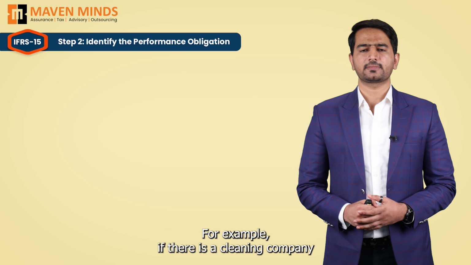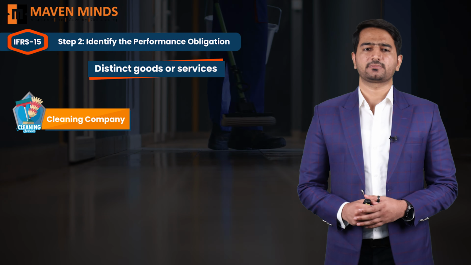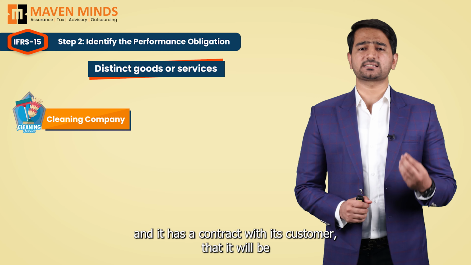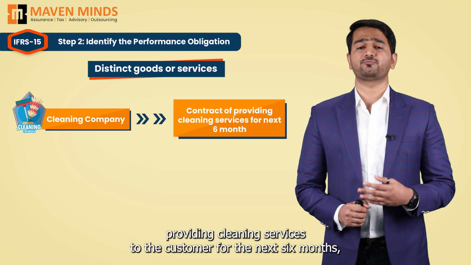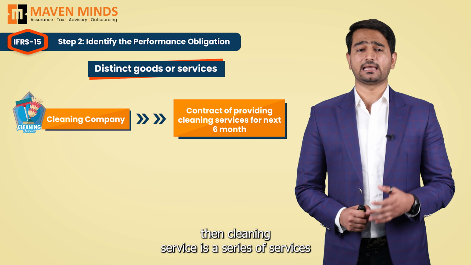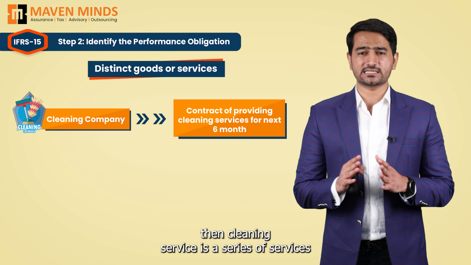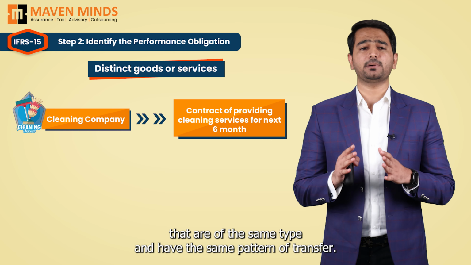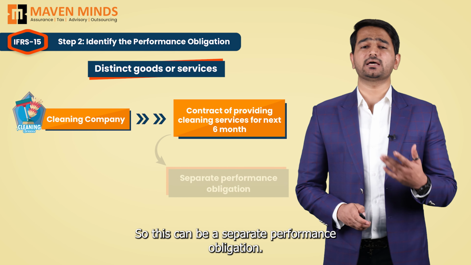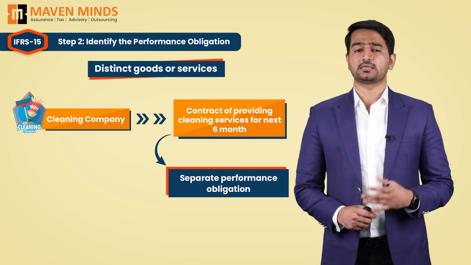For example, if there is a cleaning company and it has a contract with its customer that it will be providing cleaning services to the customer for the next 6 months, then cleaning service is a series of services that are of the same type and have the same pattern of transfer. So this can be a separate performance obligation.